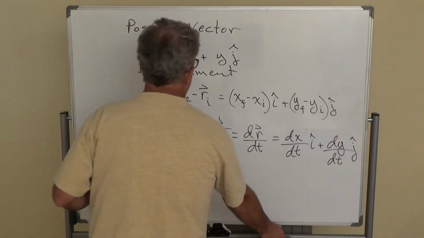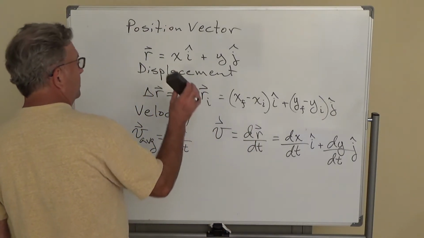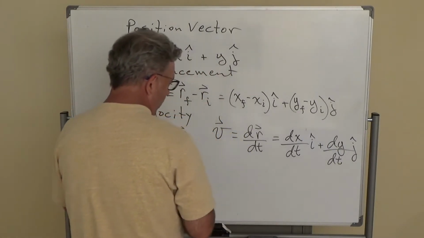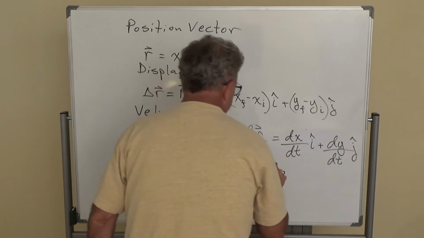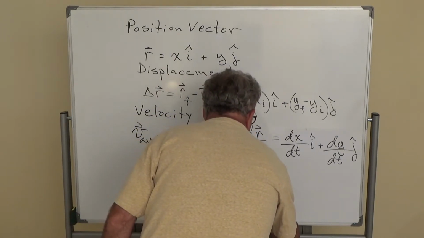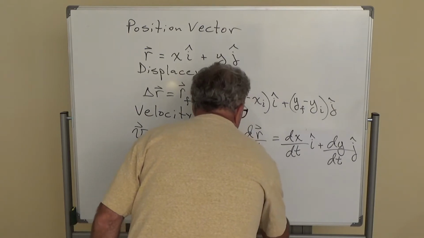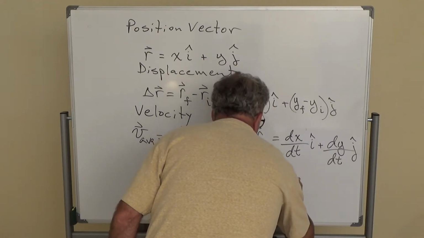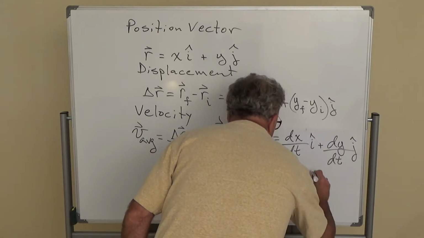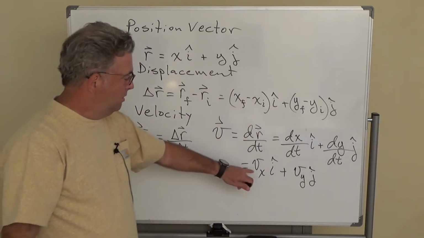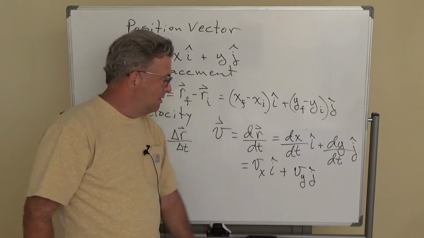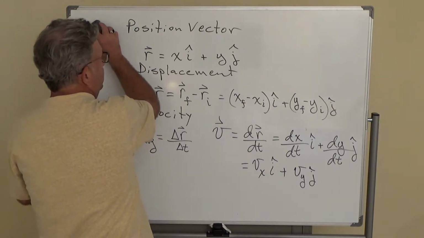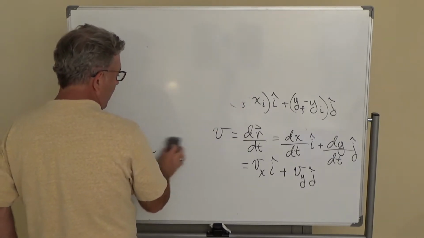Okay. Acceleration. Let me rewrite this in one other way. Notation, notation, notation. This is vx i hat plus vy j hat. Just to say that this is your velocity in the x direction, this is the velocity in the y direction. As far as acceleration goes, it's the same idea.